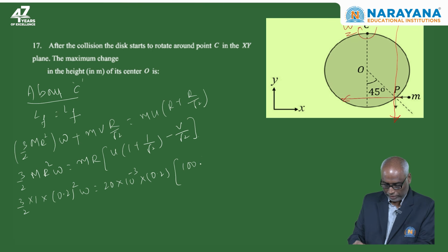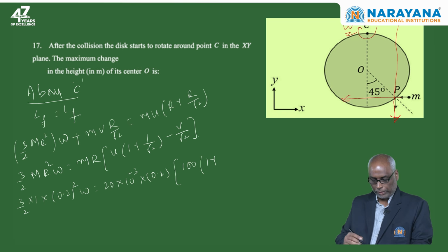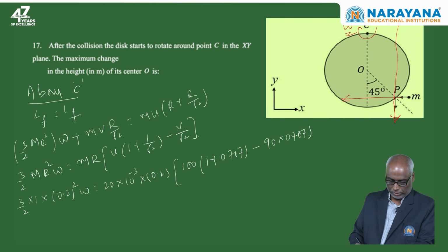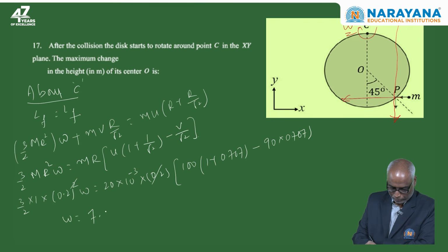Initial velocity is given as 100. 1 plus 1 divided by root 2, that is root 2 divided by 2, which is 0.707, minus v, the final velocity, given as 90 into 0.707. Now from this equation, 0.2 will get cancelled. When we calculate the value of omega, we are going to get 7.138 radian per second.